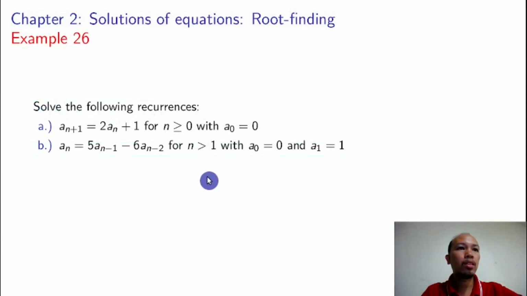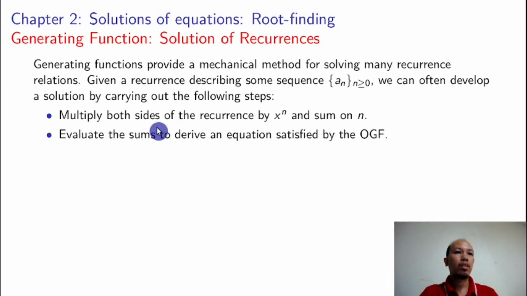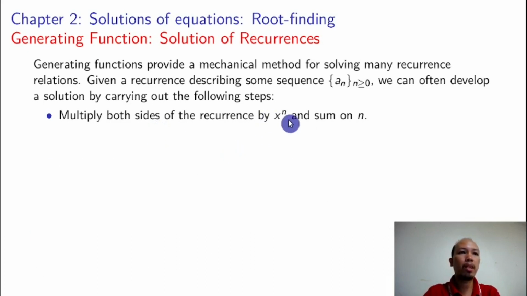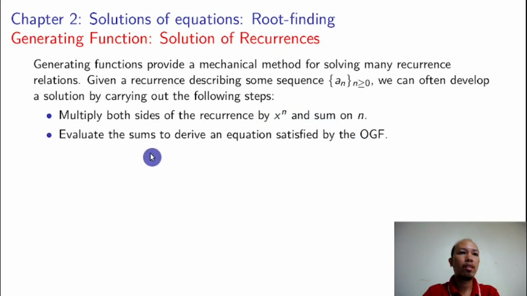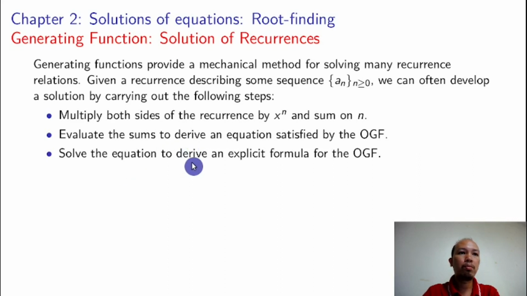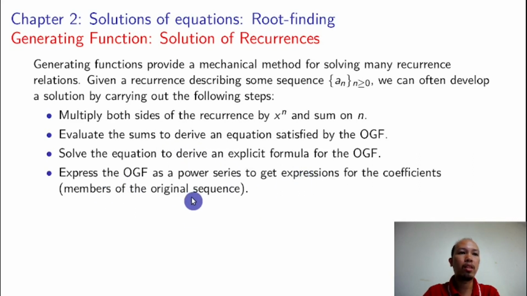if you notice, okay, first step is to multiply by x to the n and then sum, and then evaluate the sums, then solve the equation to derive an explicit formula, and then express the OGF as a power series.